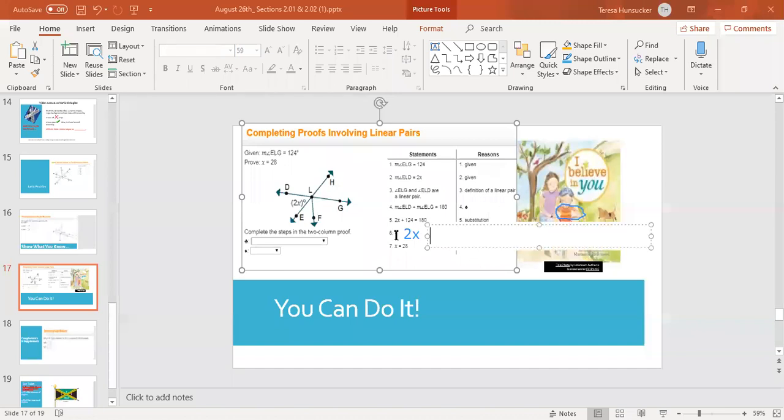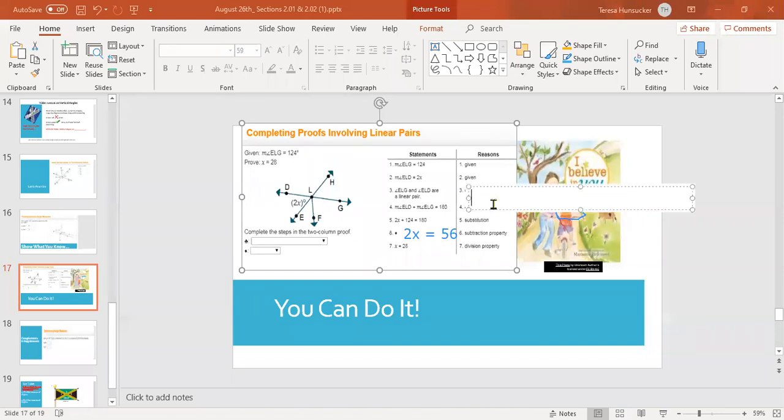That's the subtraction property. And up here in statement 4, if you recall, linear pairs are supplementary. And that's the linear pair postulate.